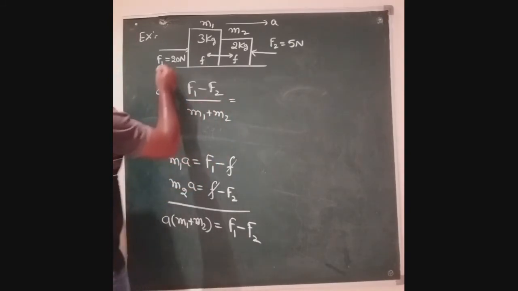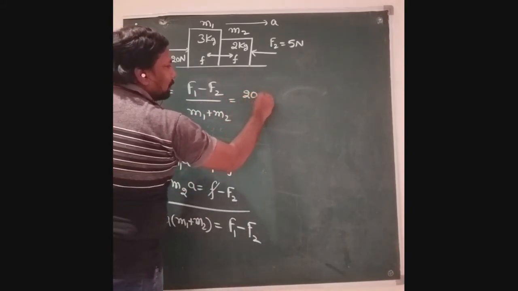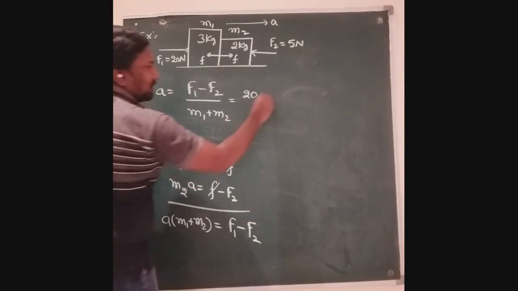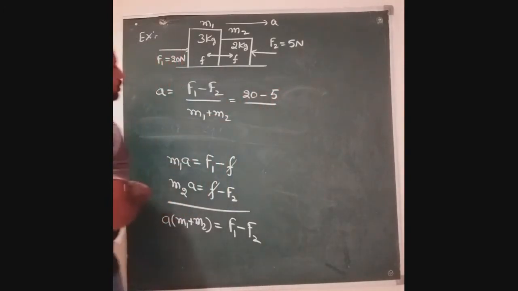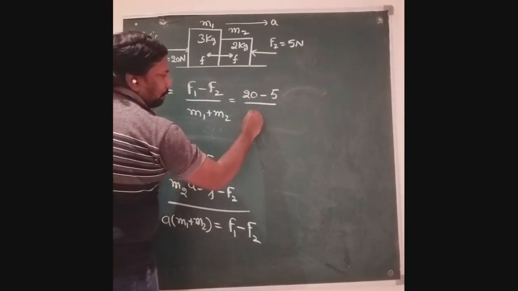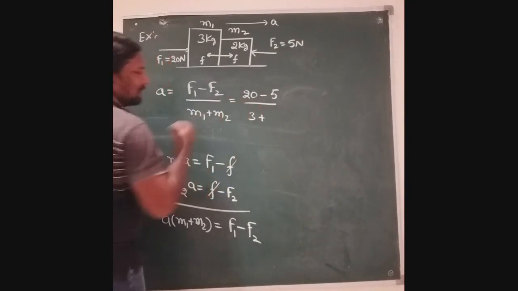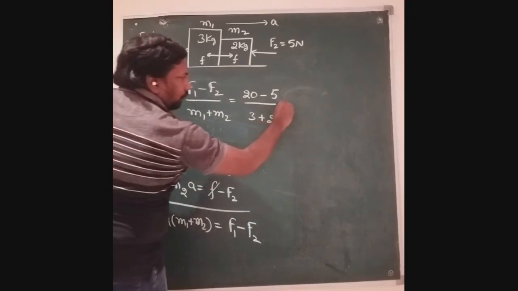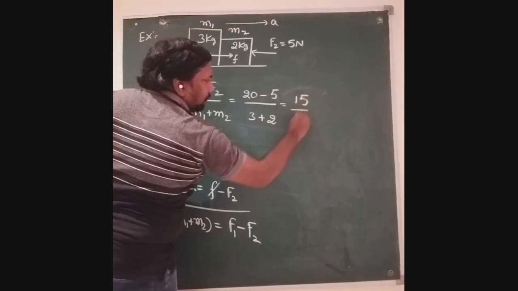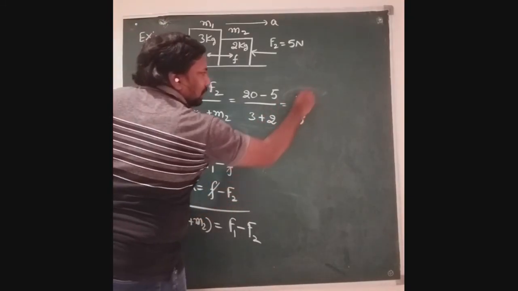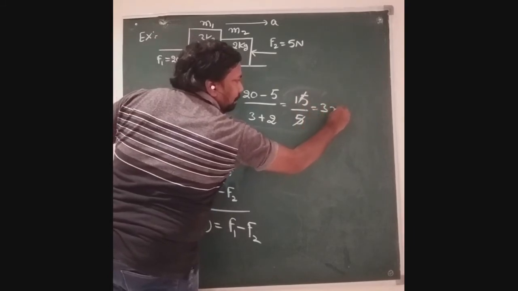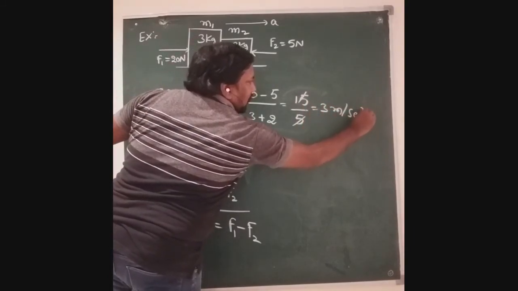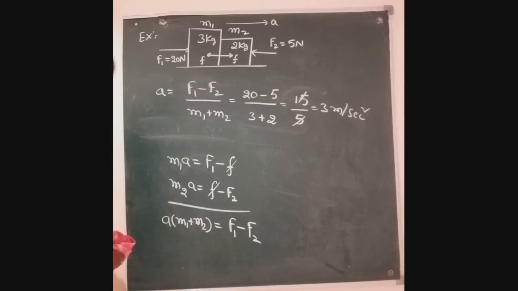Here F1 is 20 newtons minus F2 is 5 newtons, and the mass of block M1 is 3 kg and the mass of block M2 is 2 kg. Therefore 15 by 5, that is 3. So 3 meters per second squared is the acceleration of this system.